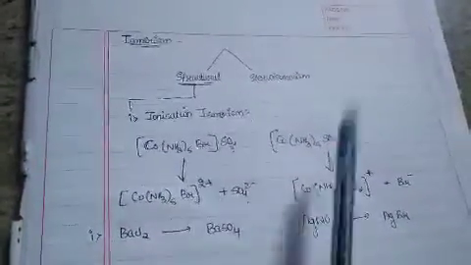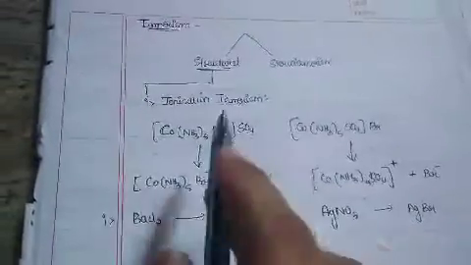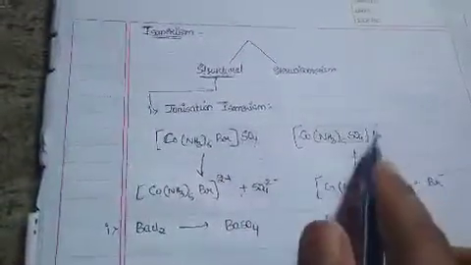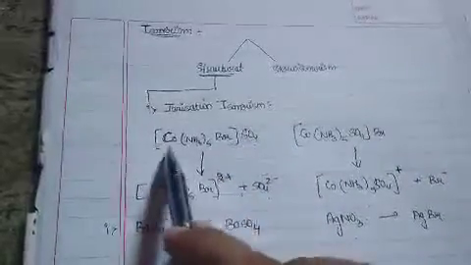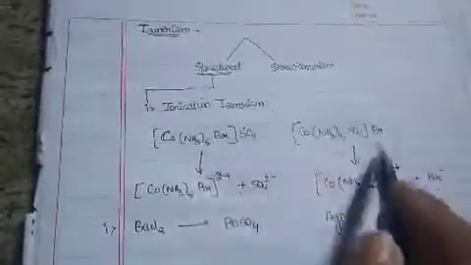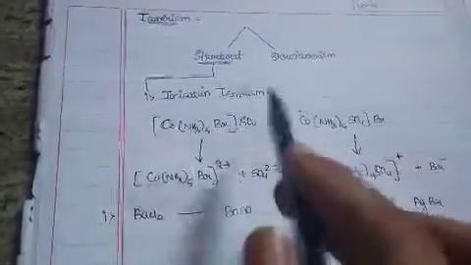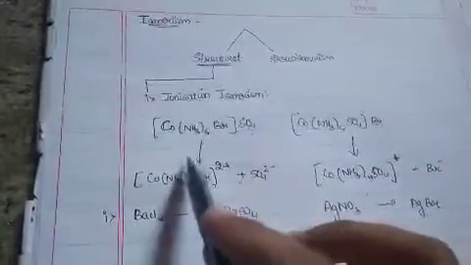So now we will define it. What do you mean by ionization isomerism? You can just see that two or more complexes have the same molecular formula. Both contain similar atoms and molecules, but they differ in the ions produced after dissolution.